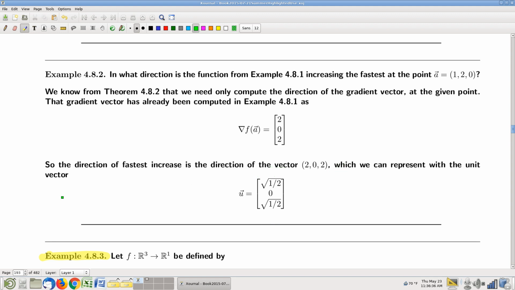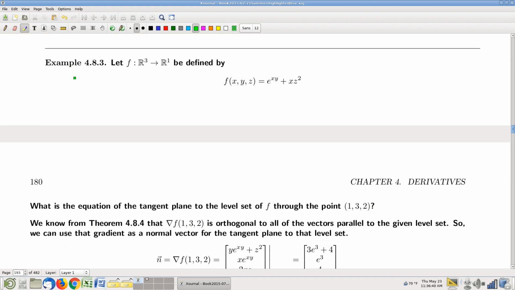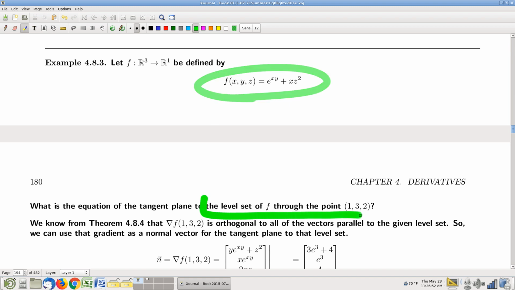Okay. Last example is a little bit more interesting. Those were pretty pluggy-chuggy. But here's a weird one. Suppose we have this function here, and I want to consider the level set that passes through that point. Now, this is a function of 3 variables.